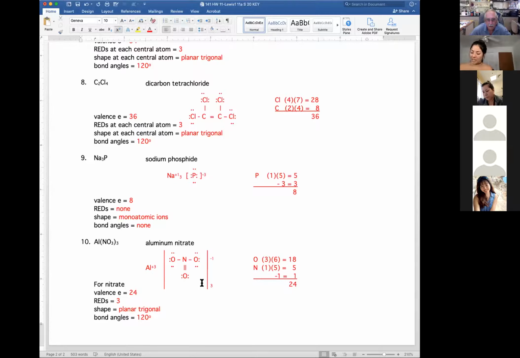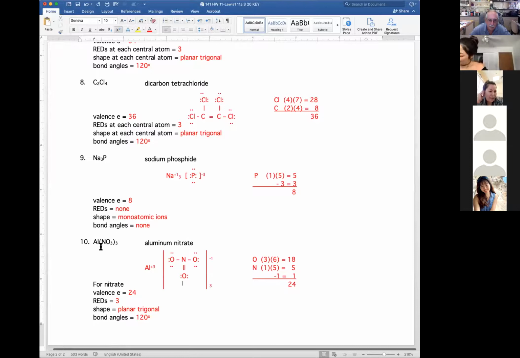If somebody asks you whether this is nonpolar, polar, or ionic, you would obviously say ionic, right? Looking at the formula right here, this is a metal and these are non-metals.